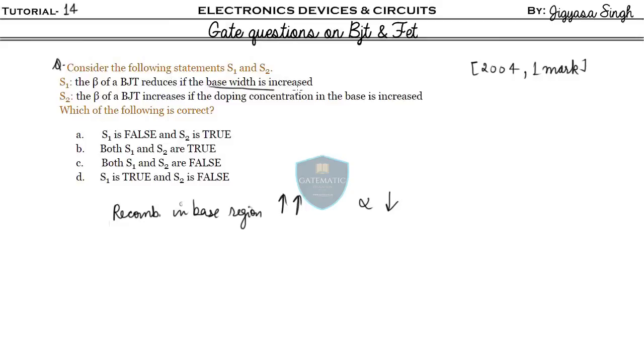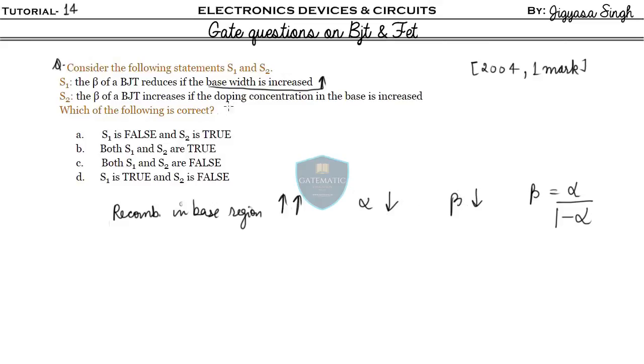If the base width is increased, it means that the recombination in the base will increase, so alpha will decrease, and due to which our beta will also decrease. Why will beta decrease? Because beta is equal to alpha over 1 minus alpha, isn't it? So beta decreases because base width is increasing, due to which the recombination in the base region increases, due to which alpha decreases, due to which beta decreases.